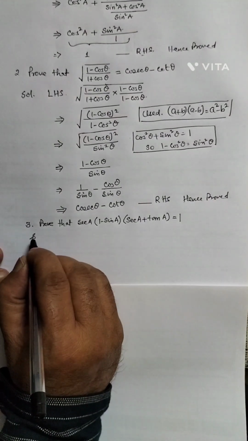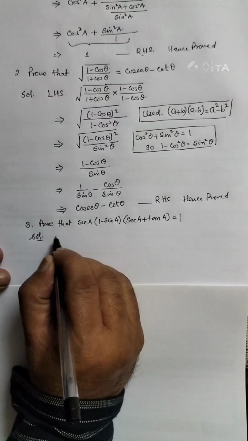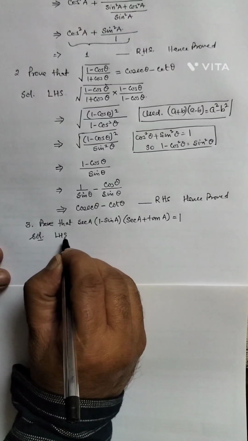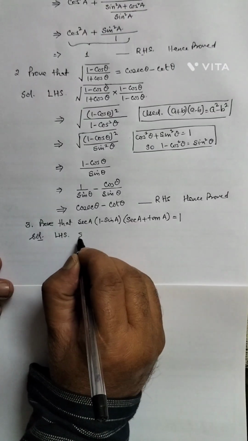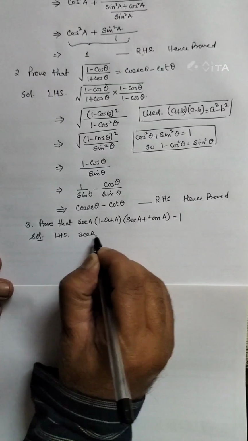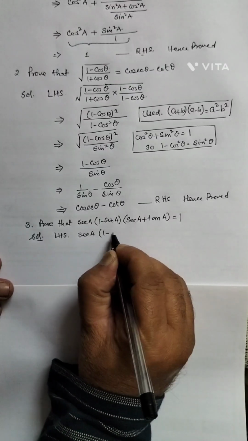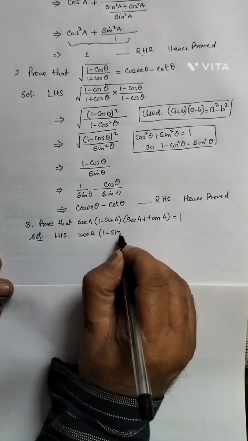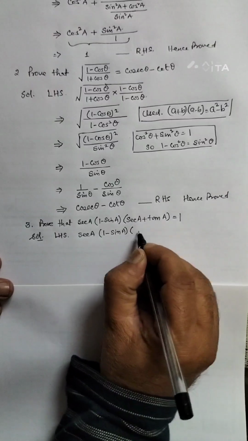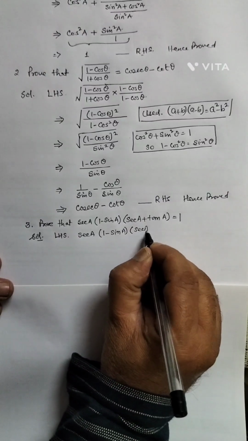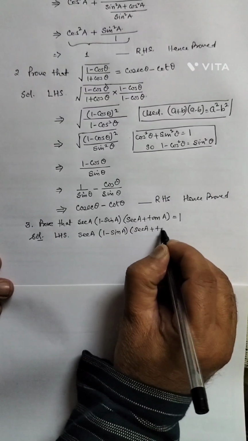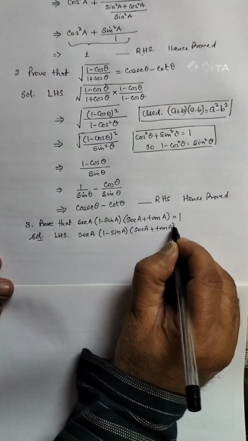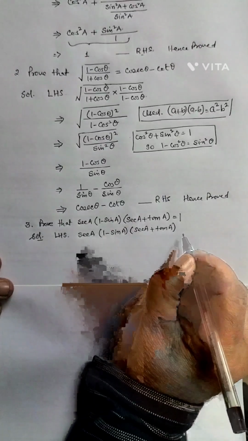Again, let's start the solution. Take left hand side, which is sec A times 1 minus sin A bracket sec A plus tan A. This is our left hand side.